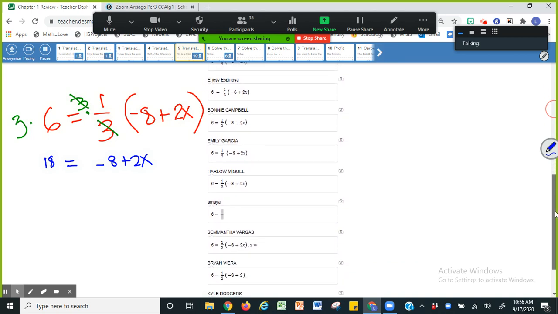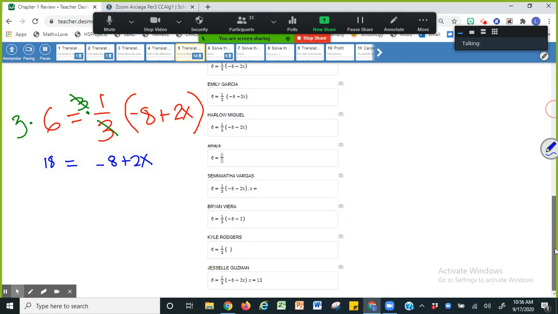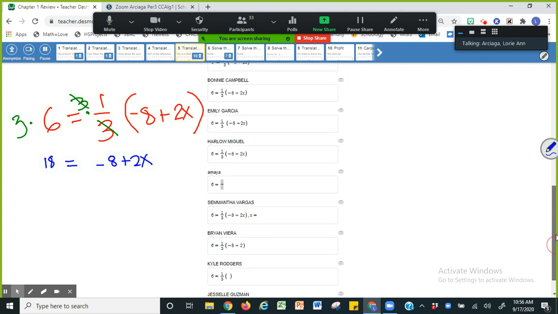If you're done, move on to 6. I'll just wait a little bit longer until most of you have written down the correct answer. If you're still solving, go ahead.